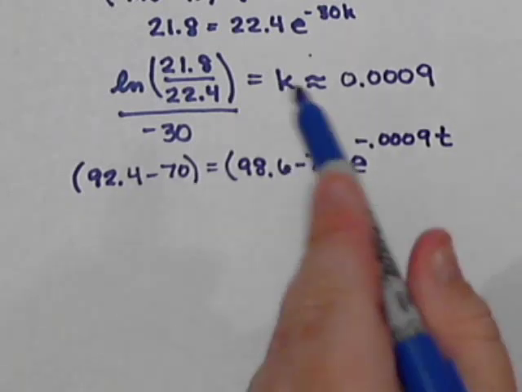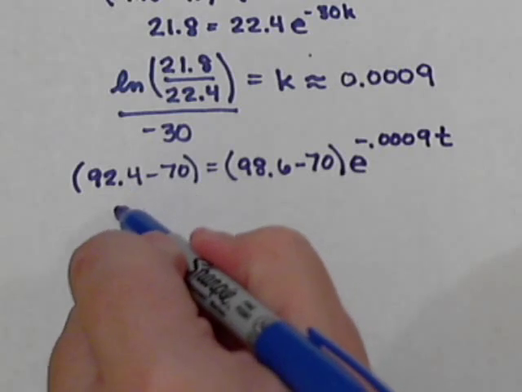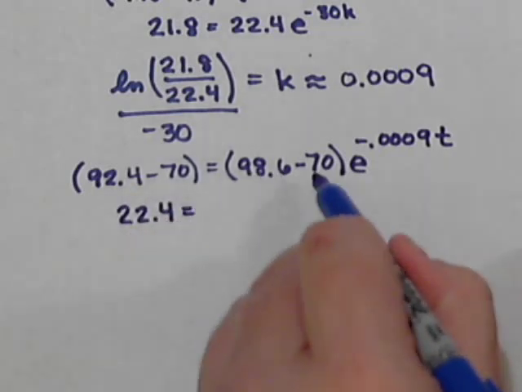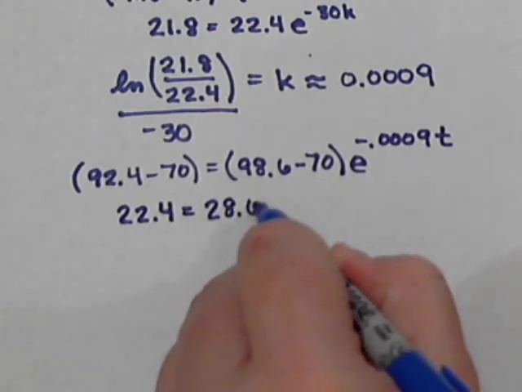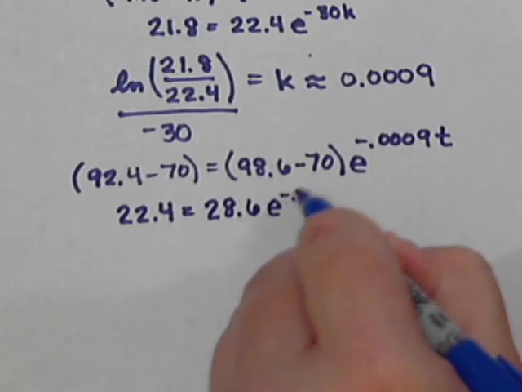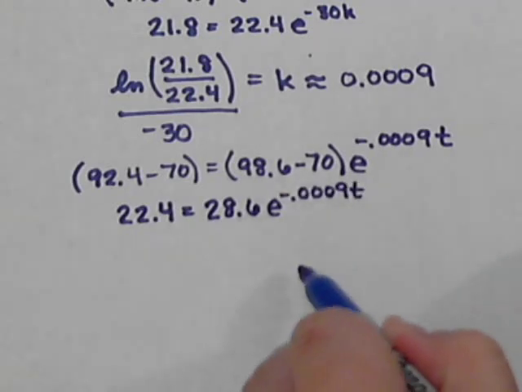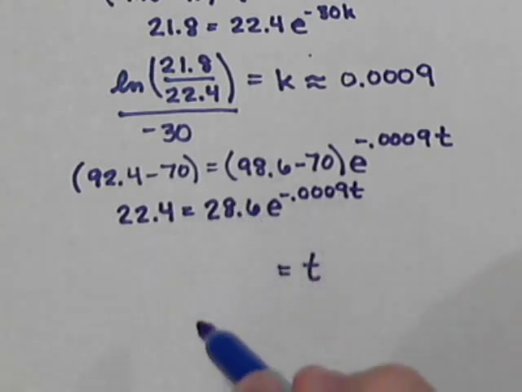Now the steps are going to be exactly like what we did before, just with different numbers. 92.4 minus 70 is 22.4. 98.6 minus 70 gives us 28.6. The rest of this stays the same. Just like before, to get the t by itself, we have to move all this around.